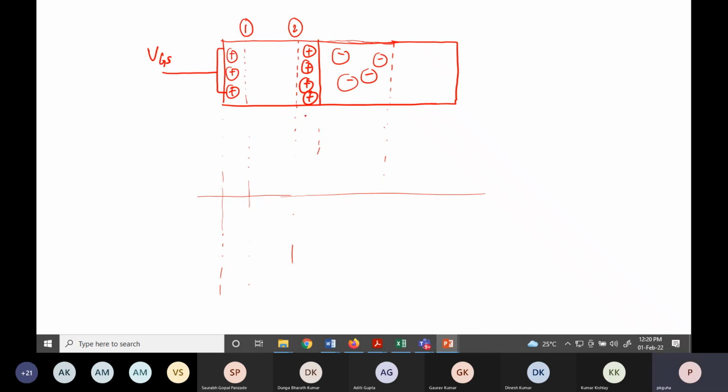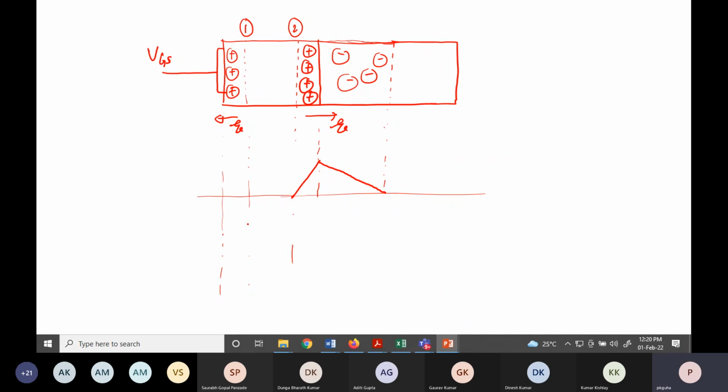And our convention is that electric field is from positive to negative. So the electric field is in this direction, and here the electric field will be in this direction, always positive to negative. So the electric field will be something like this in the PN junction.